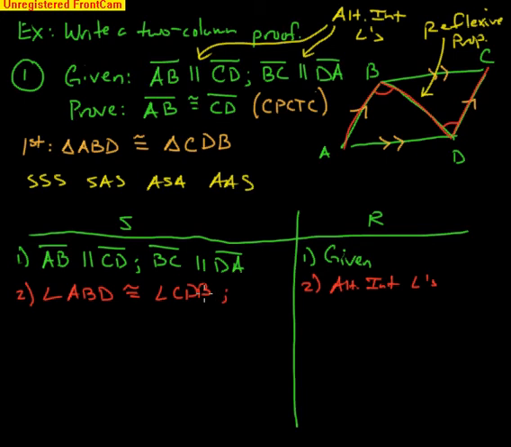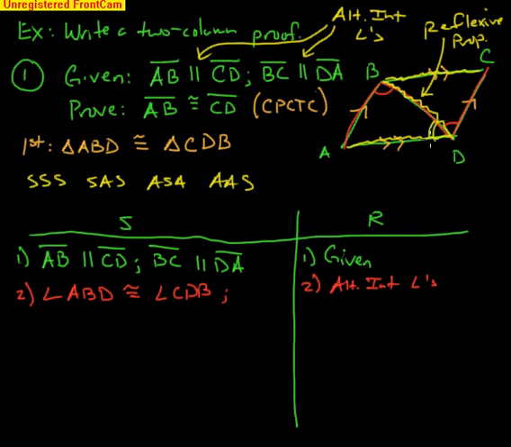Now, I think we can do a similar thing with the other parallel lines. Let's get this going. All right, so BC. Let's do BC is parallel to DA, and we have the transversal. So what are the angles involved here?